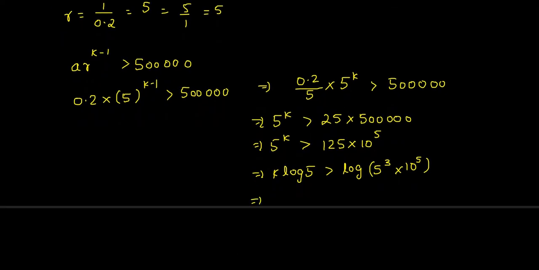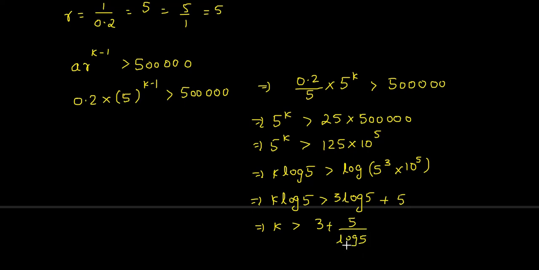Applying the properties, the left side remains the same: k log 5 is greater than log 5 cube, which is 3 log 5, plus log 10 raised to power 5, which is just 5 because the base is 10. Log of A times B is log A plus log B. Now k is greater than 3 plus 5 over log 5.